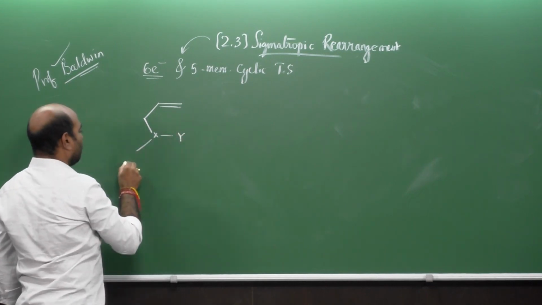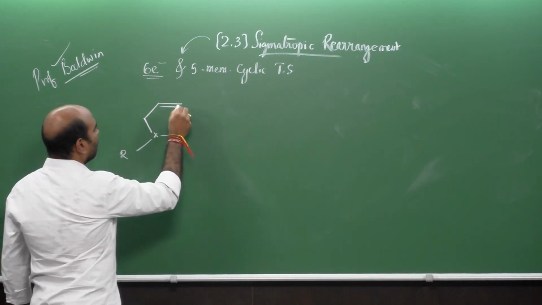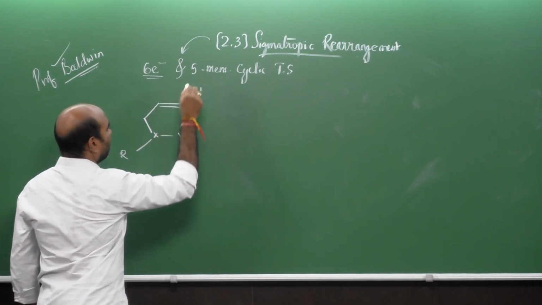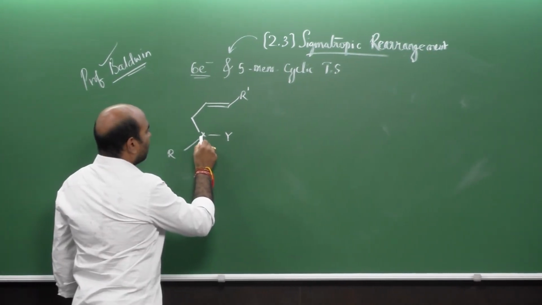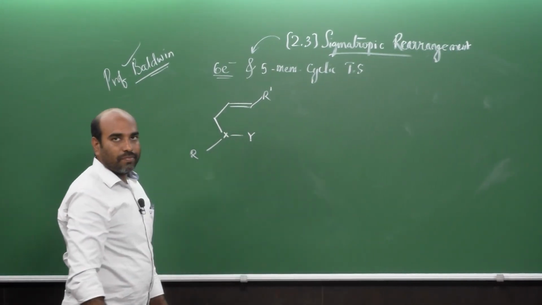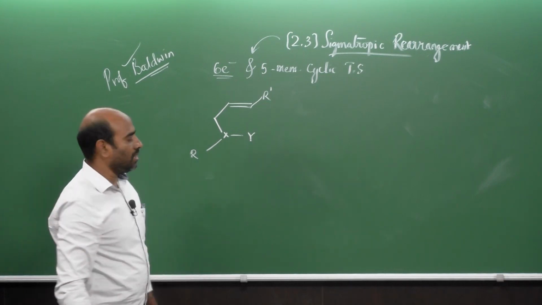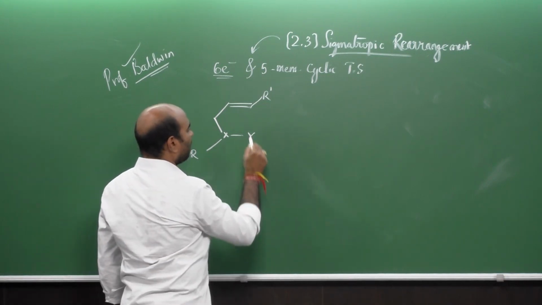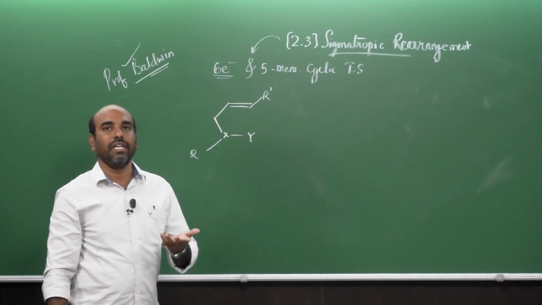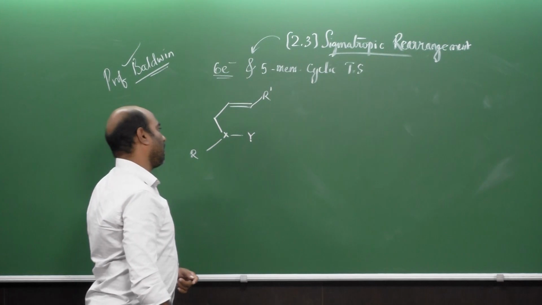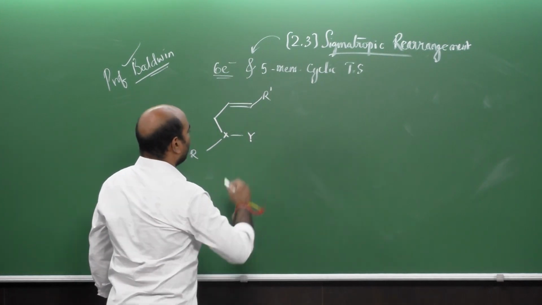If it is connected to some groups, that is absolutely fine, not an issue. So here X can be a heteroatom like oxygen, sulfur, or nitrogen, and Y can be a heteroatom like oxygen, or it may sometimes be a carbon atom also. Okay. So we will see both the cases.